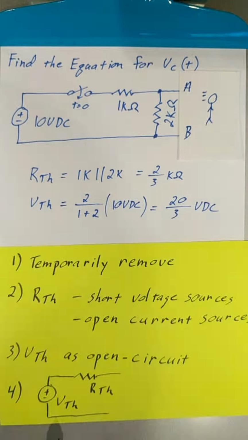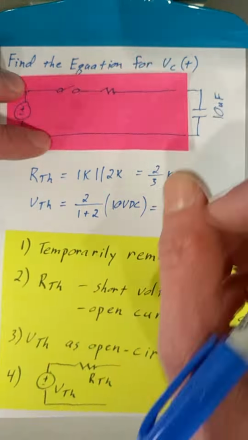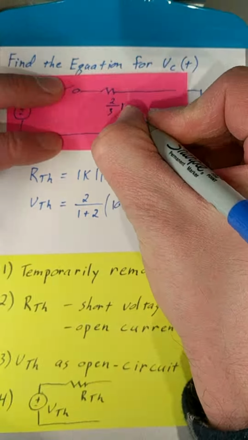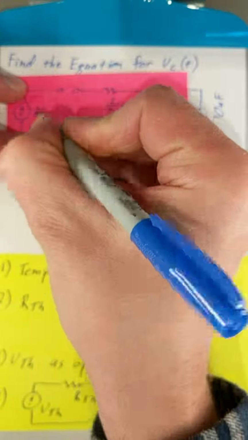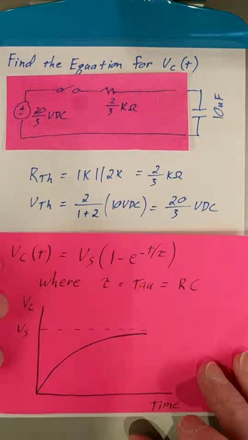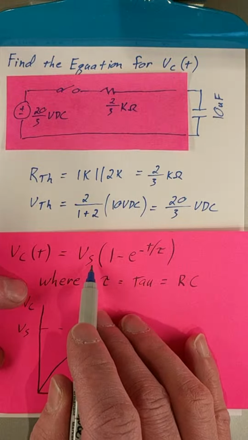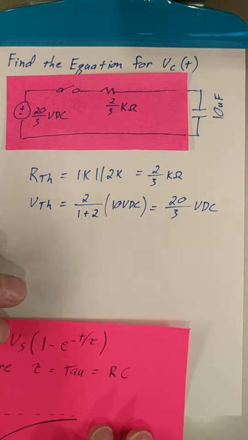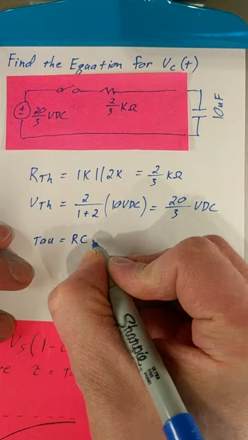Which brings us to step 4. We reinstall the capacitor and substitute in our Thevenin circuit, where R Thevenin is 2/3 K ohm and our Thevenin voltage is 20/3 volts DC. Now we can go back to our RC circuit, and we know this Vs is 20 over 3 volts DC, and we can calculate tau as RC.